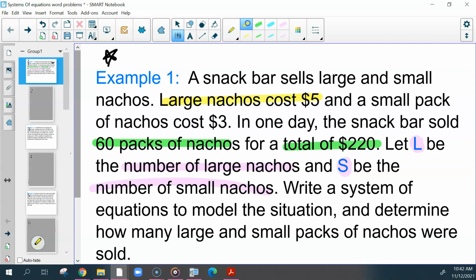Large nachos cost 5, small cost 3. So really any numbers, any variables, any totals. Those are all important. And then what are we looking for? Answer that question when we come back from lunch.